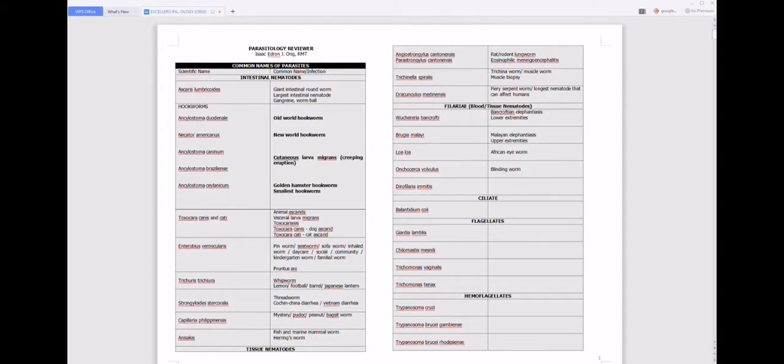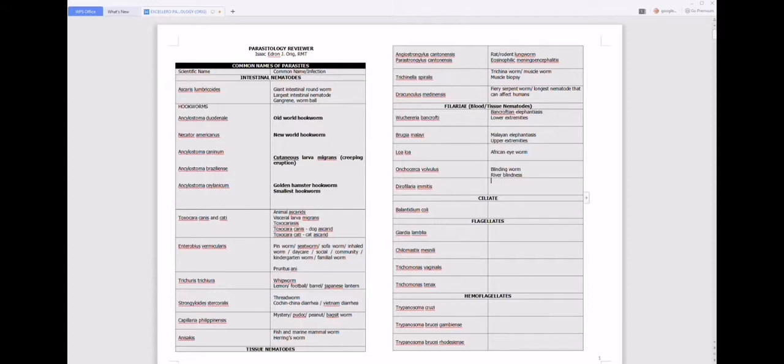But ang Loa loa, ang tawag is African eyeworm, while Onchocerca volvulus is called blinding worm. Okay? Then, Onchocerca volvulus can cause river blindness. So it doesn't mean ang African eyeworm, Loa loa, eyes din siya, it can cause river blindness. No. Onchocerca volvulus is the one that causes river blindness.